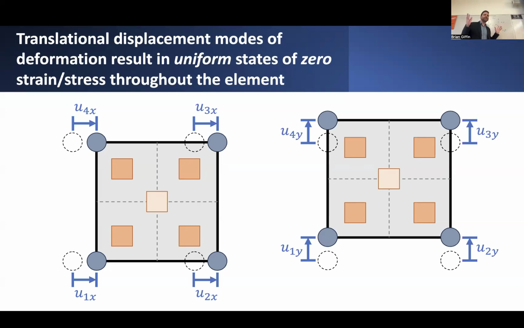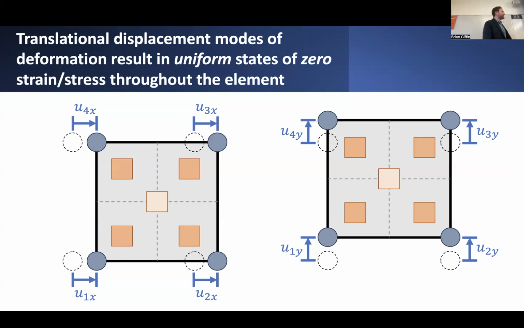But alternatively, rather than playing with each of those independent degrees of freedom individually, we can come up with different modes of deformation, which are effectively combinations of deformations happening at different nodes and in different directions simultaneously. It's useful to look at these modes because they correspond to meaningful physical situations, such as translation, just rigid motion of the element as a whole.